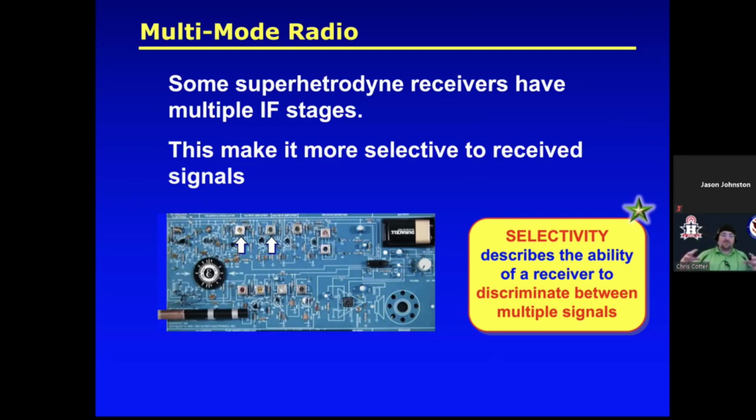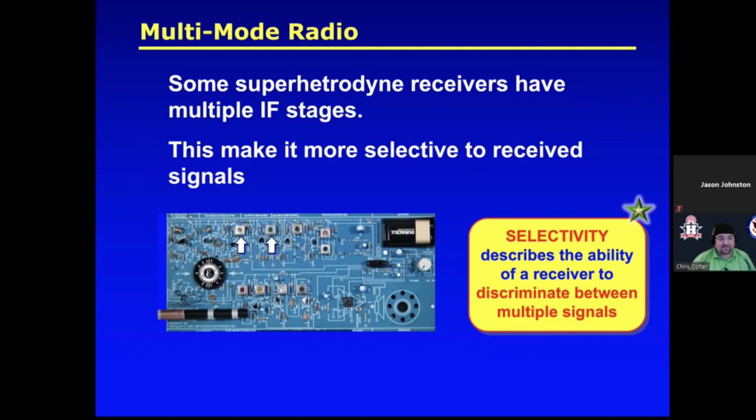This is going to be where the radio is going to filter out all that stuff you don't want to hear, and the more selective a radio is, the finer that receiver can kind of whittle down and narrow down what it is that you're wanting to hear. It's the ability of a receiver to discriminate between multiple signals.